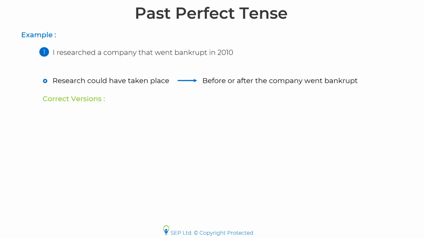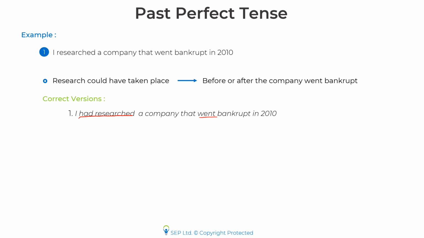The correct version of this sentence that would tell us which of these two events took place first and which took place after that would be as follows. If the research took place before the company went bankrupt, then I would use the past perfect, had researched, for the first event. And then I would use the simple past, went, with the second event.